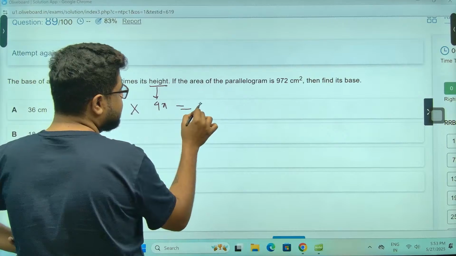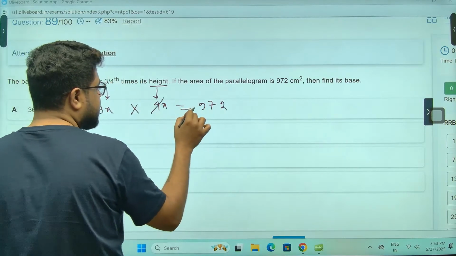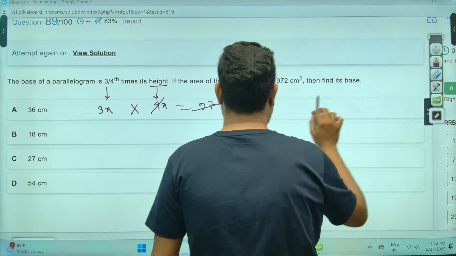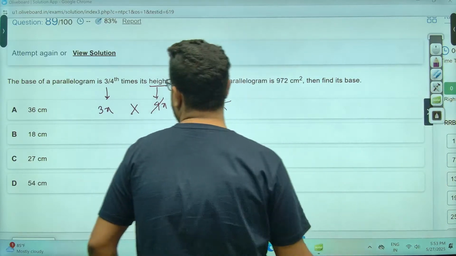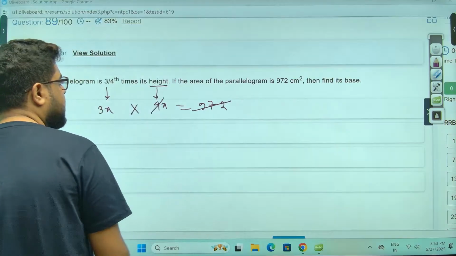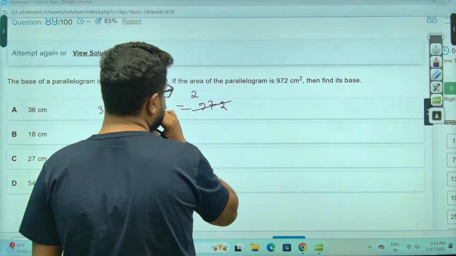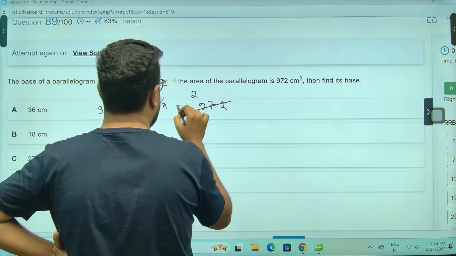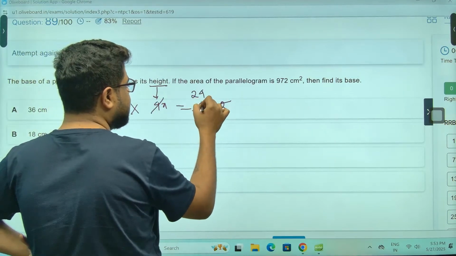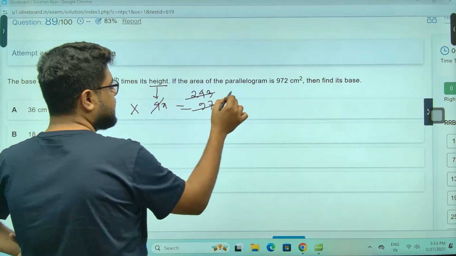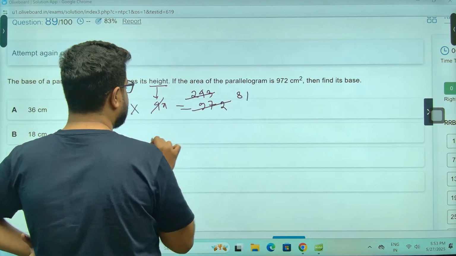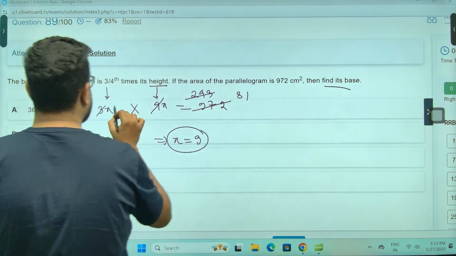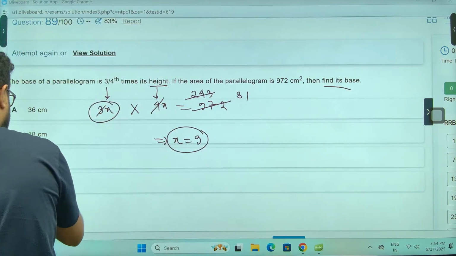Multiplication is 972. 4 2s are this, 4 4s are 16, 4 3s, 81. So x square is 81. x is 9. They are asking for the base, which was 3x. 3 9s are 27. Done, sir.